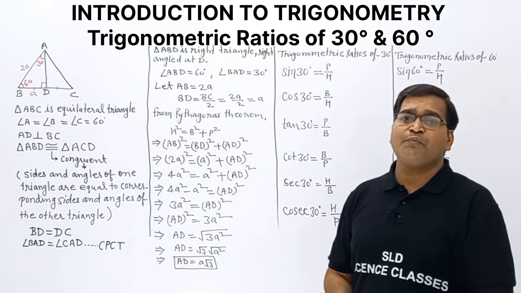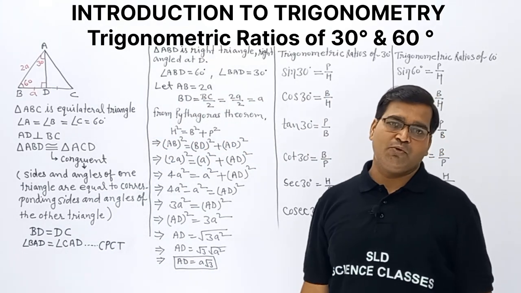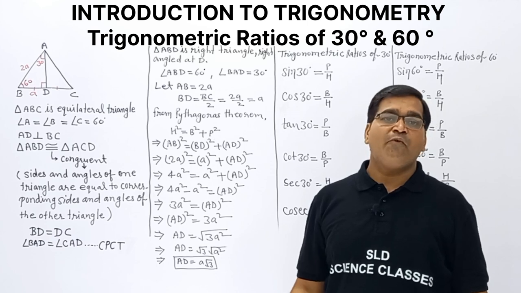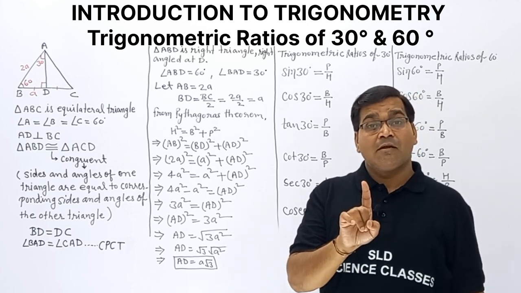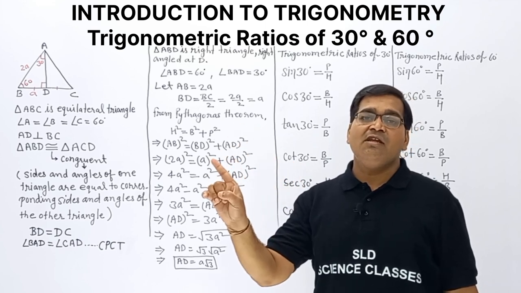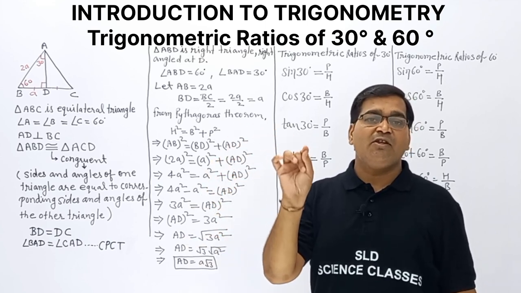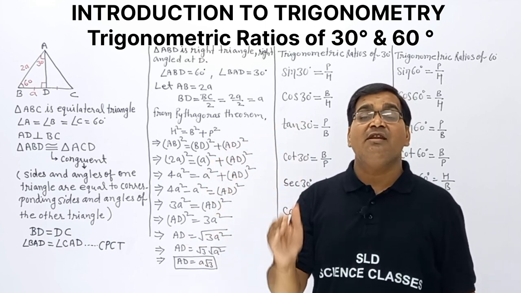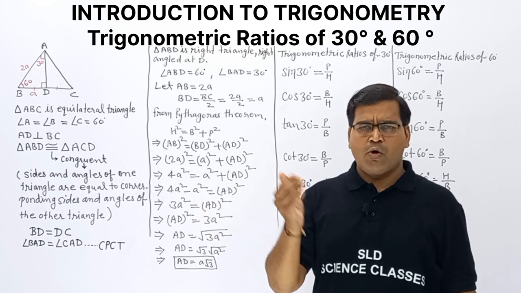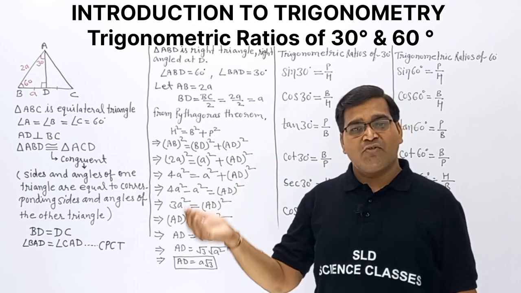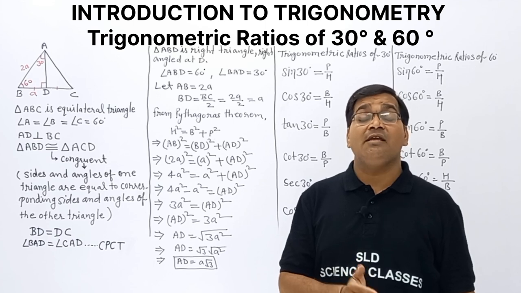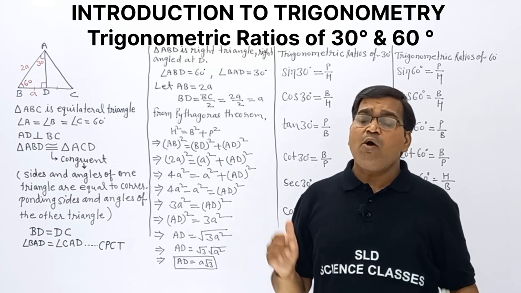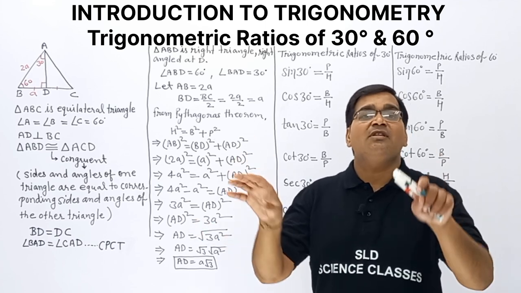Our main task is to find trigonometry ratios. Trigonometry ratios of 45 degree we already completed, but the 30 degree and 60 degree values, sin 30, sin 60, and so on, like cos 30, cos 60, cos 45, sorry, tangent 30, tangent 45, how are we getting these values in the table?